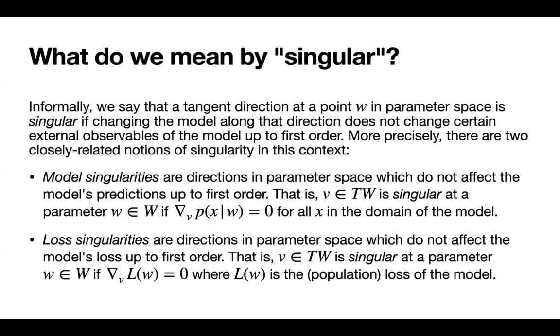Often, the traditional setup in singular learning theory is to work with loss singularities, but establish conditions such that you're effectively studying model singularities. This distinction is implicit in a lot of the theory, but I'm going to make it explicit here, for reasons that I'll explain shortly.